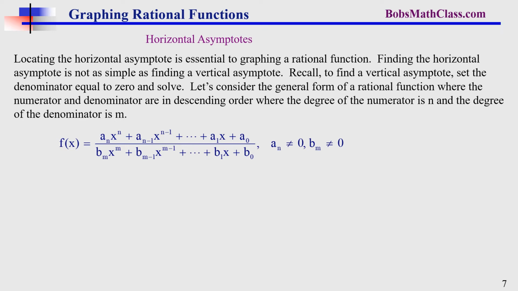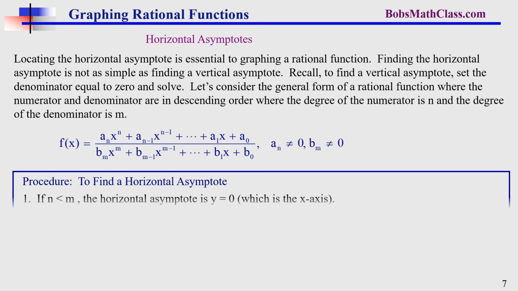The degree of the numerator in this case is n, and the degree of the denominator is m. Degree just means the highest exponent. And again, the denominator can't be 0.